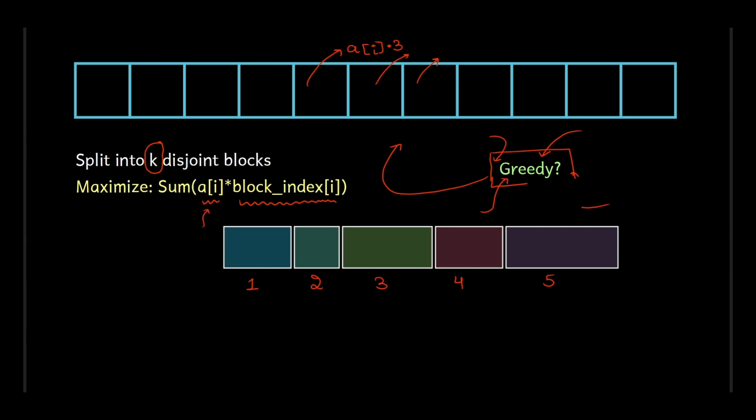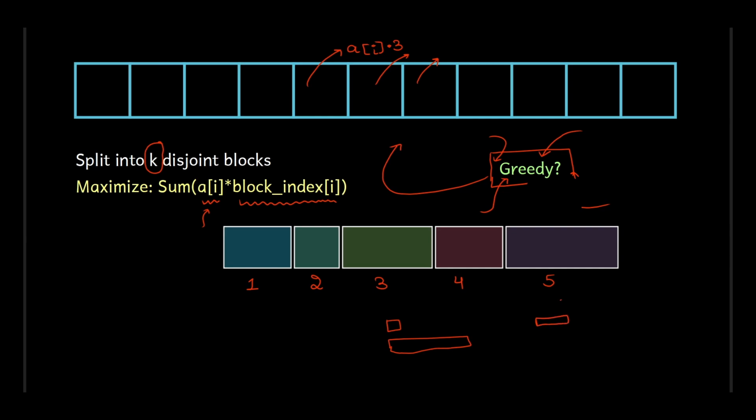So how do you solve this problem? You can try various approaches on paper, and you will see that you will most likely run into various issues of proving why the greedy strategy is correct or what exactly is the greedy strategy. Because if you think about the first block, will it contain one element or should it contain all of the elements? Or should it stop in between?